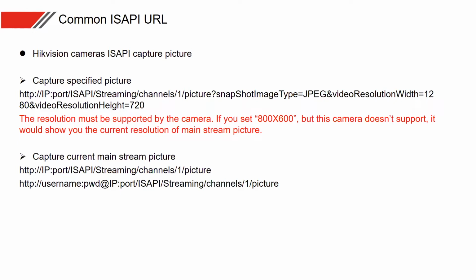And of course, you can see that we provided examples here. Normally, if you just use channel 1, that means you capture a picture from the camera's mainstream. And of course, when you call the command, you can also put in your username and password, I mean the camera's login username and password.